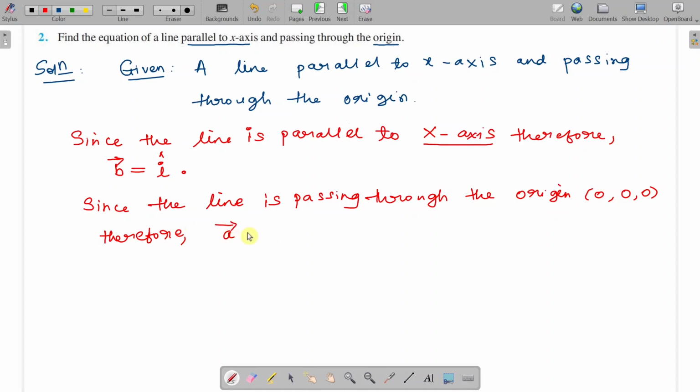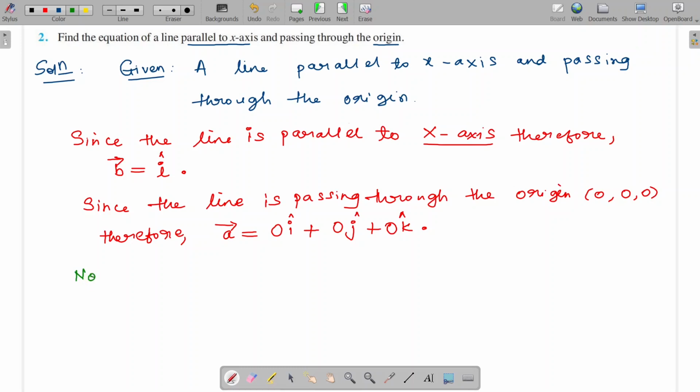Therefore vector A will be what? Vector is obtained by the point through which the line is passing. So A bar is nothing but 0 I cap, right, because the point is 0, 0, 0. So 0 I cap plus 0 j cap plus 0 k cap. Okay, now we can write the equation of the line.